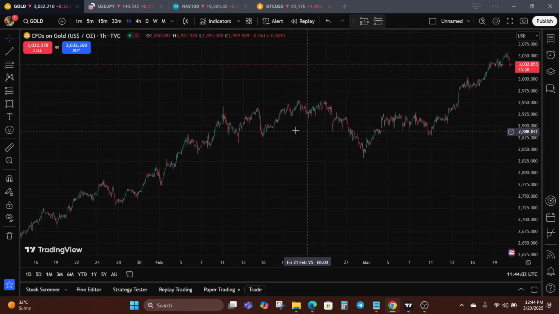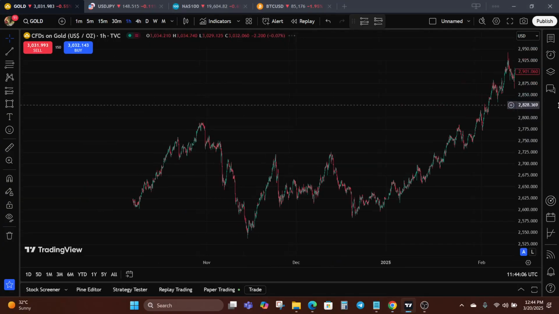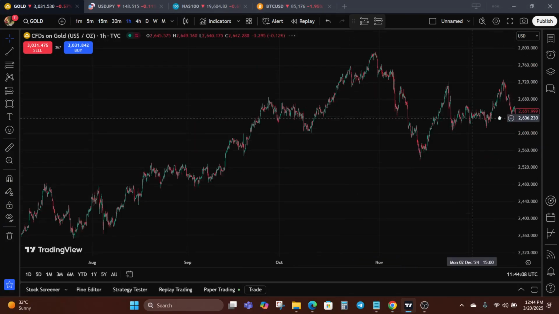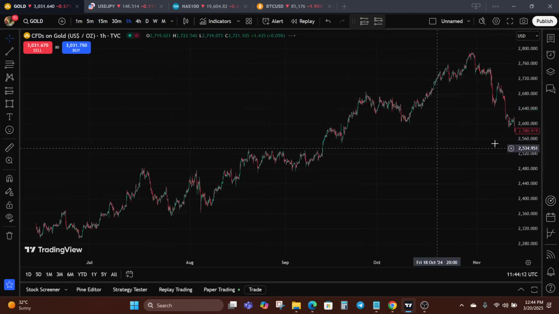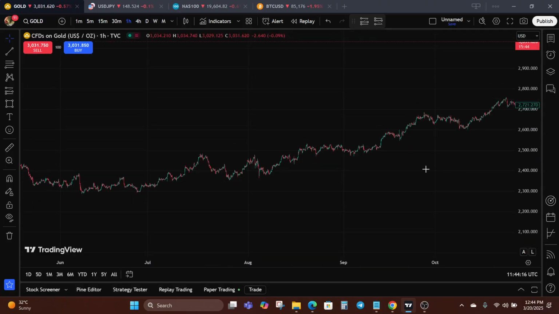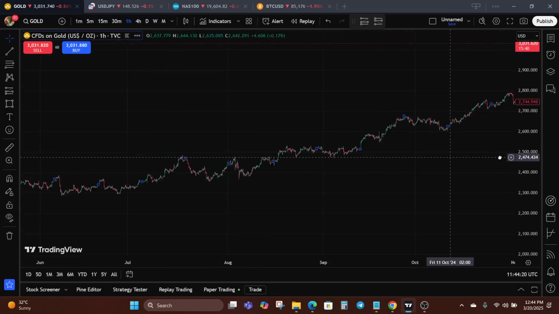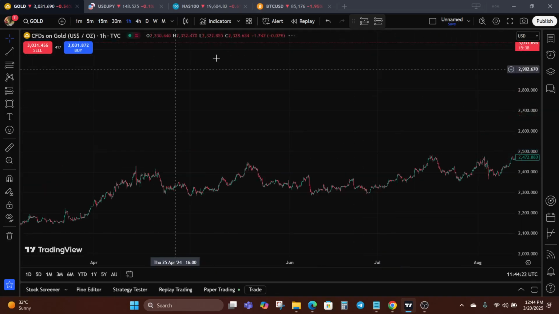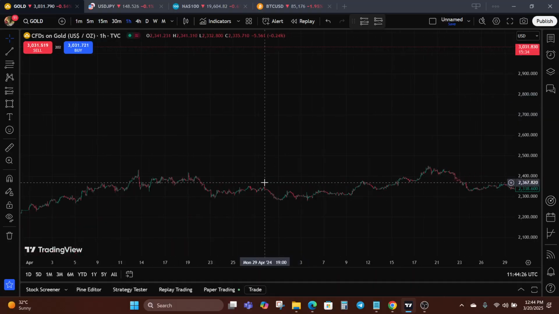Like what we can see. I saw something like that. Let's see if we can find it. I saw an example and I just want to show you that example on this chart. It's something that actually happens on various occasions.